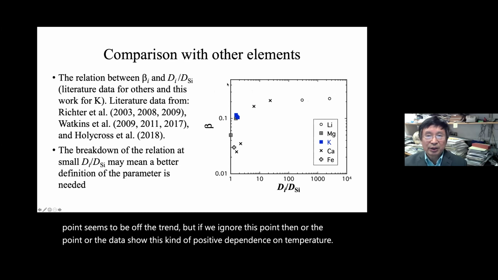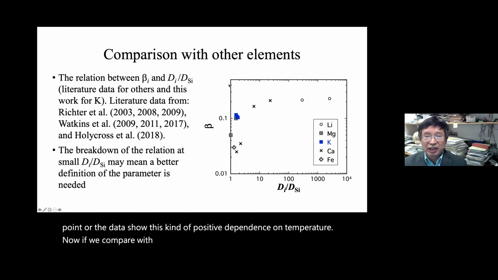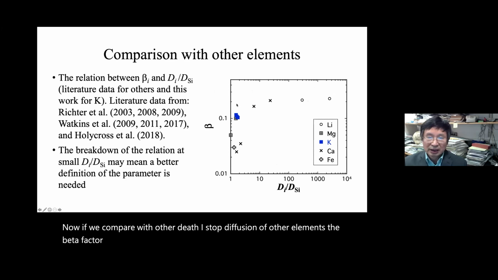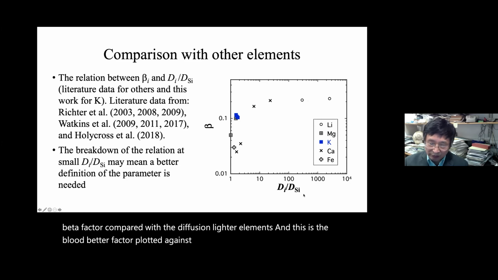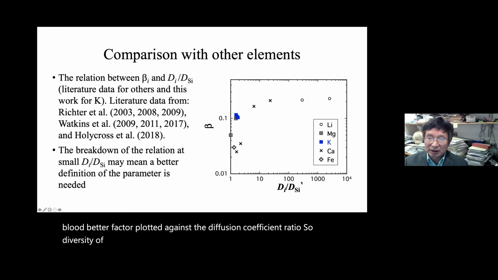Now, if we compare with the isotope diffusion of other elements, this is the beta factor plotted against the diffusion coefficient ratio, the diffusivity of the element under consideration divided by the diffusivity of SI. And you can see that there is a general trend.